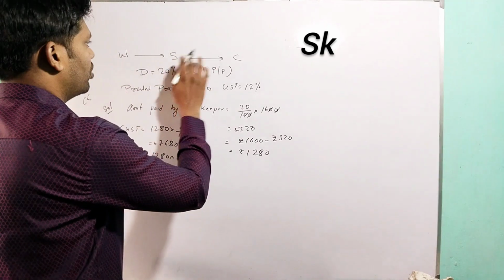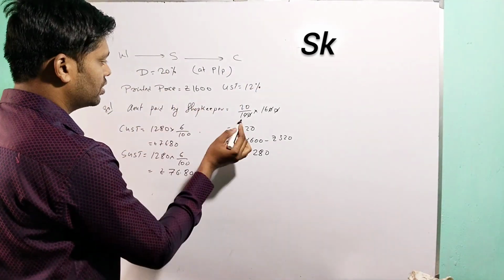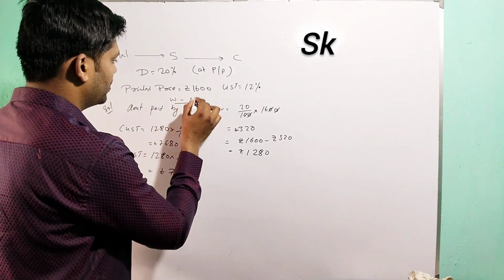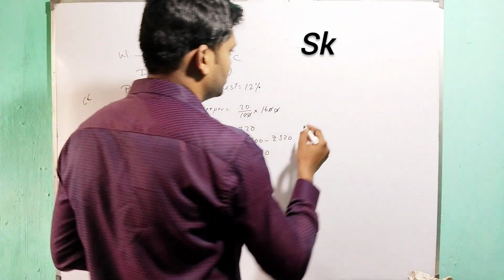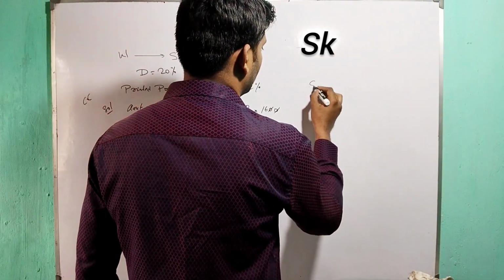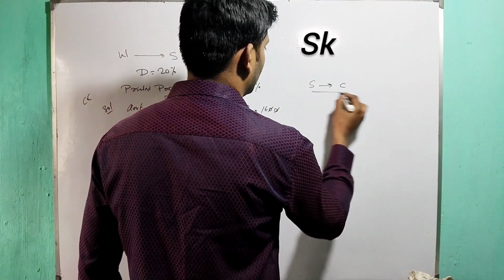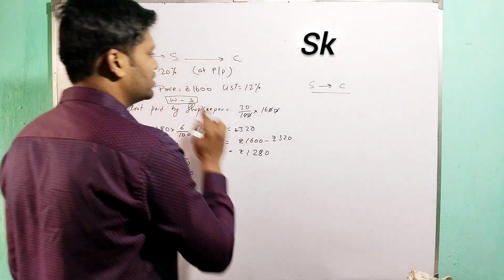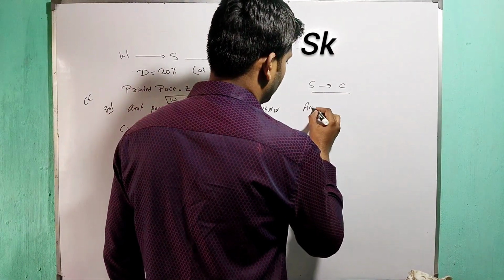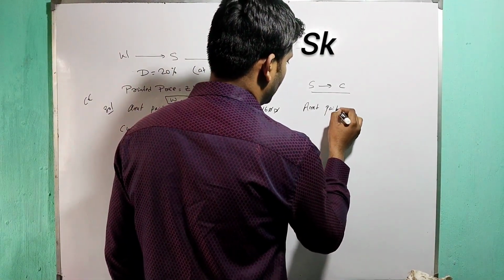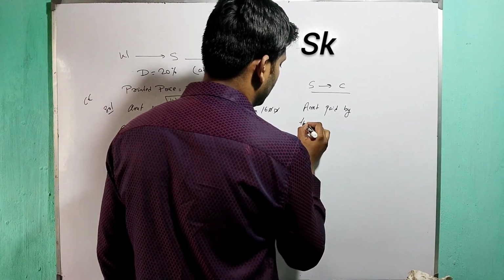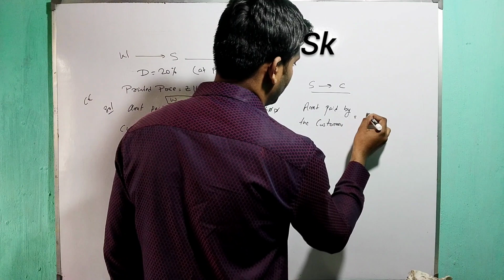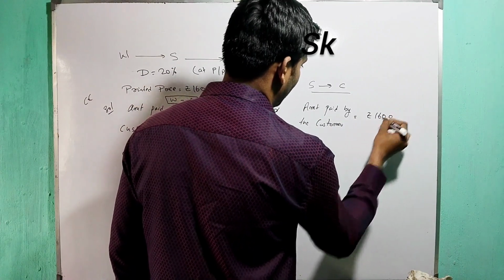This is what we have between wholesaler and shopkeeper. Now when it is about shopkeeper and customer, at what price did the customer get the goods? At the printed price, that means 1600. The amount paid by the customer is rupees 1600, which does not include the tax.